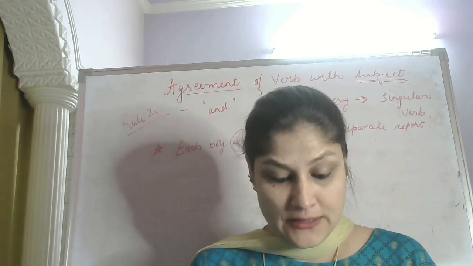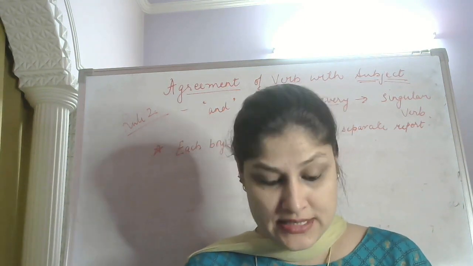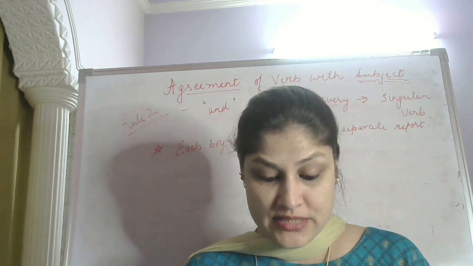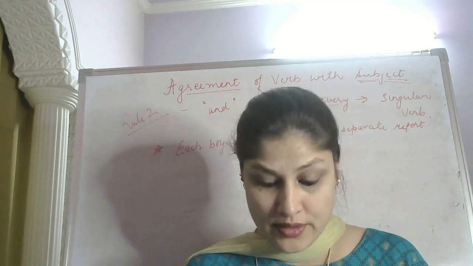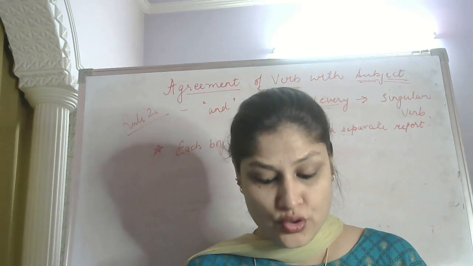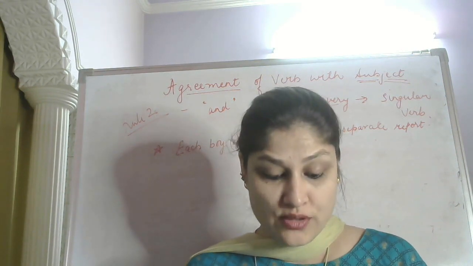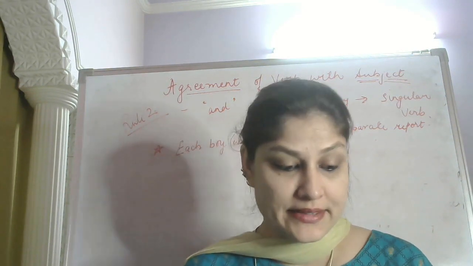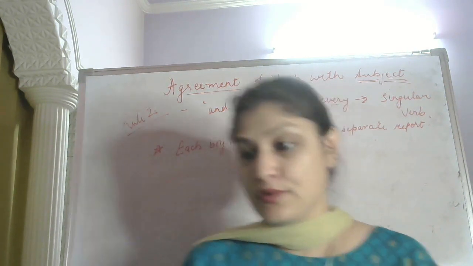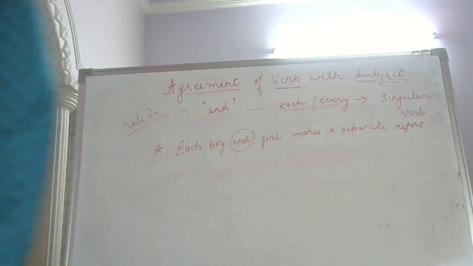After that, see here, rule number 3 says, when two or more singular subjects are connected by or, nor, either or, neither nor, a singular verb form is required. I'll help you with that as well. See rule number 3, what it says.